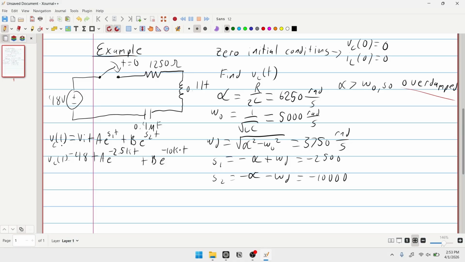Let's start with finding our initial voltage. We already know the initial voltage across the capacitor from assuming zero initial conditions. We know that's 0. So if we plug in 0, we find that 48 plus A plus B equals 0.